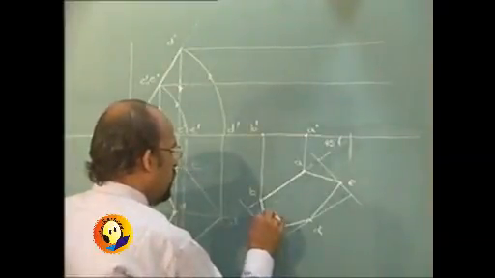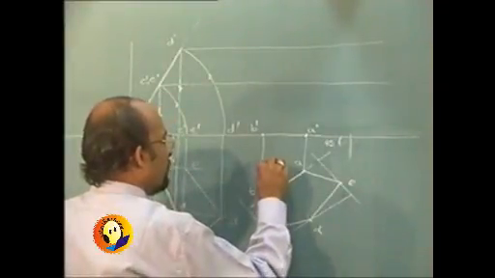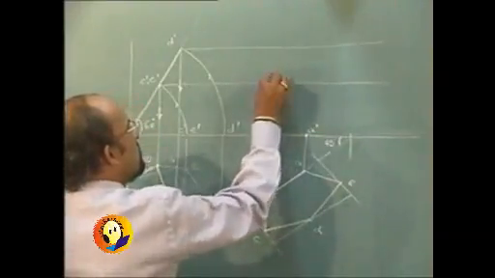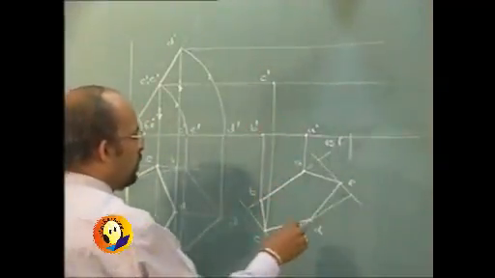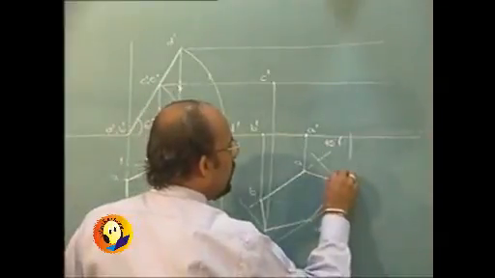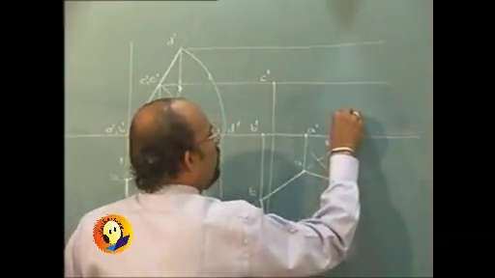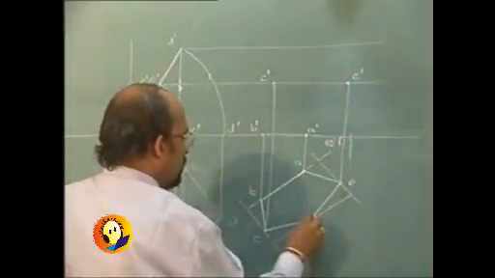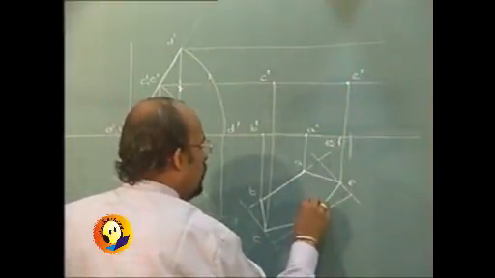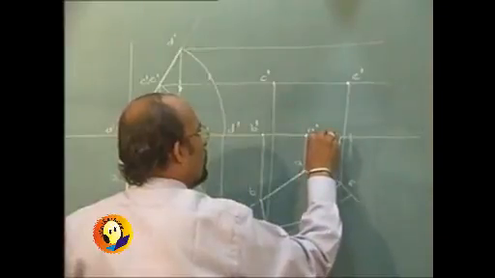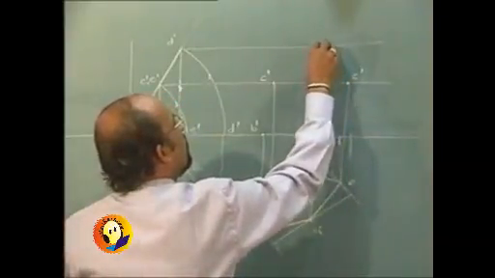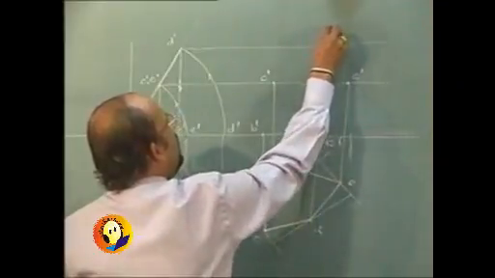Projector through C, up to path of C, C dash. Projector through E, up to path of E will be E dash, and finally projector through D up to path of D will be point D dash.